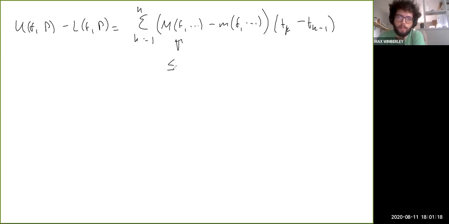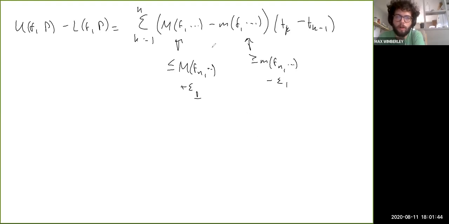is less than or equal to capital M of Fn plus epsilon 1, right? And this is greater than or equal to little m of Fn minus epsilon 1.